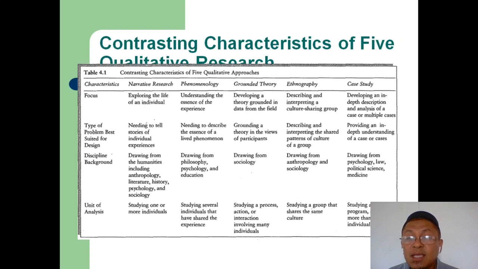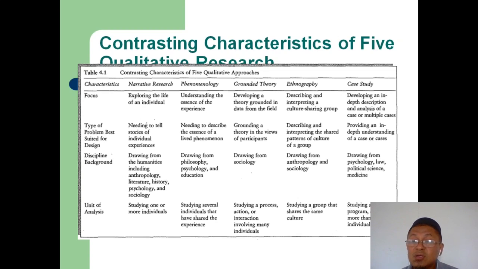Okay, the next one is ethnography. Ethnography comes from the word ethnic, race. So it describes and interprets a culture sharing group, people sharing similar culture. Of course people will share similar culture when they come from a similar ethnic group, right?